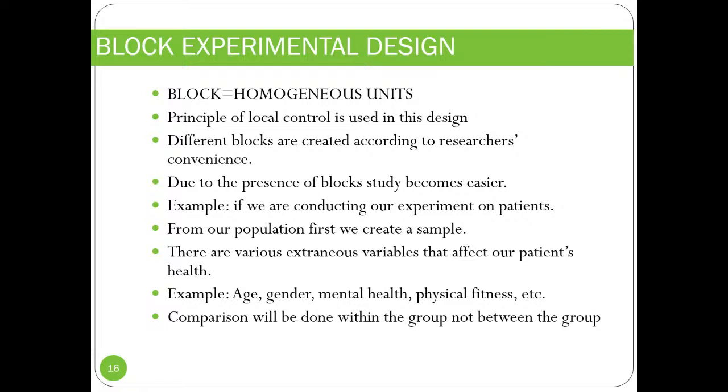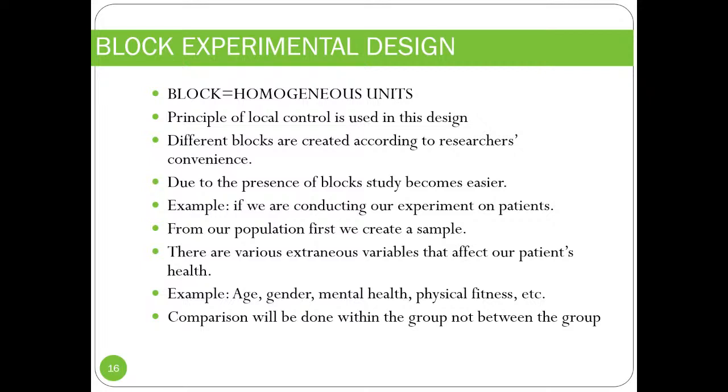With the presence of blocks, the study becomes easier. If you have a targeted objective and you want to know how a treatment or a vaccine or anything is working in one specific group of individuals, then this is the best designing method, so that you specifically see the interaction, or whatever causal relationship you desire, within the group, not intra group, intergroup.